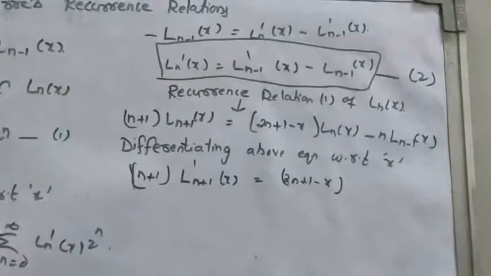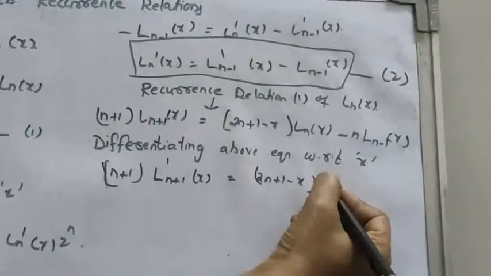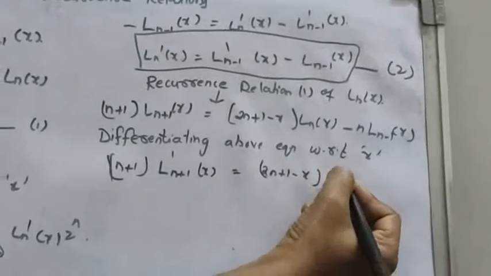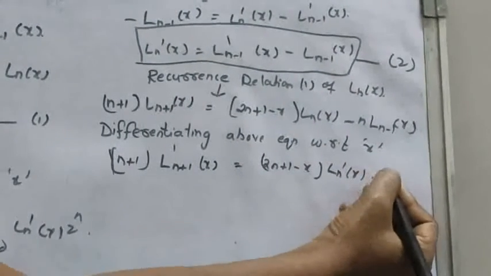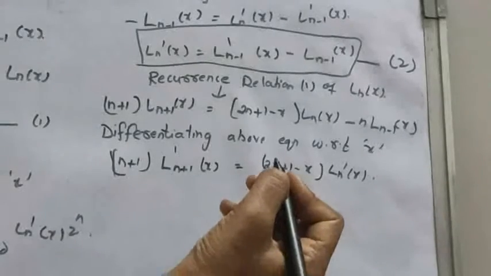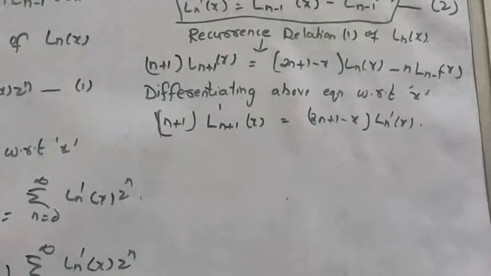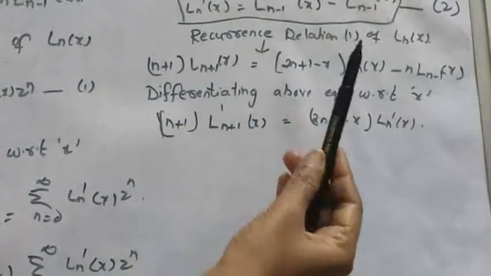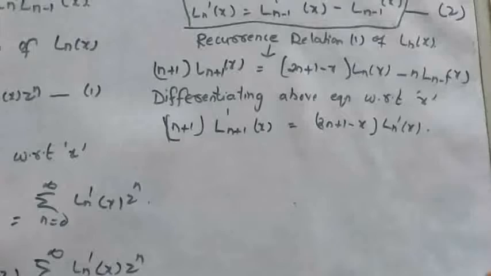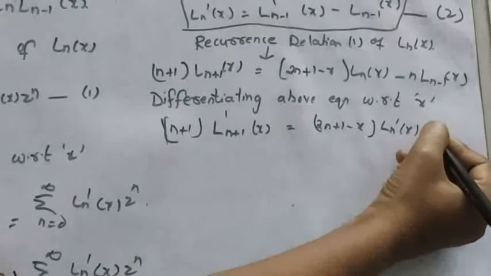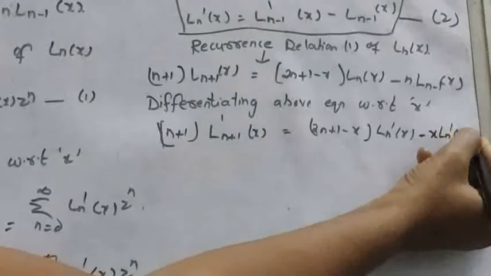Now the differentiation of this term can be written as Ln dash of x, again with respect to x. So what will you get? Here the differentiation of this is 2n plus 1 minus x Ln dash of x, minus x Ln dash of x.